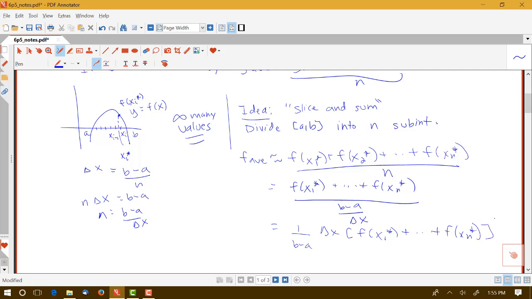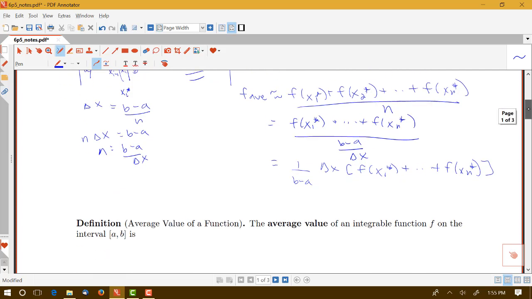We're getting really close to our formula for the average value. I can write this as 1 over b minus a times the sum from i equals 1 to n of f of x i star delta x. And so this is approximating my average value.